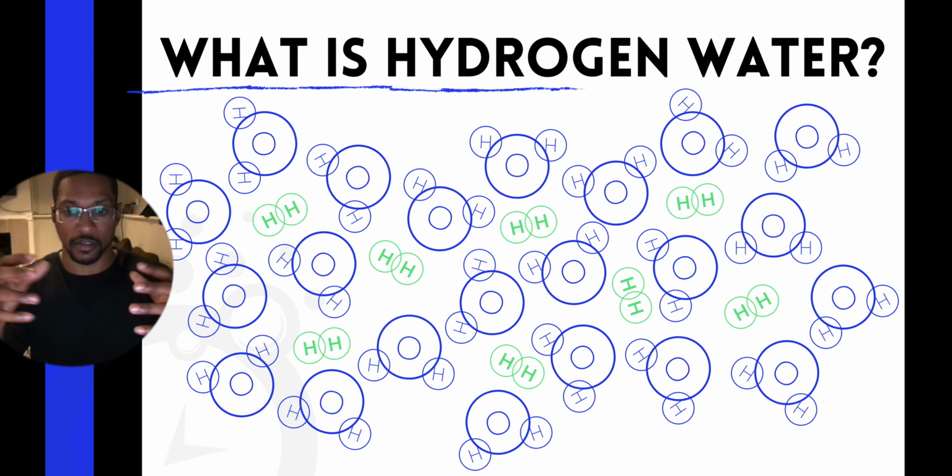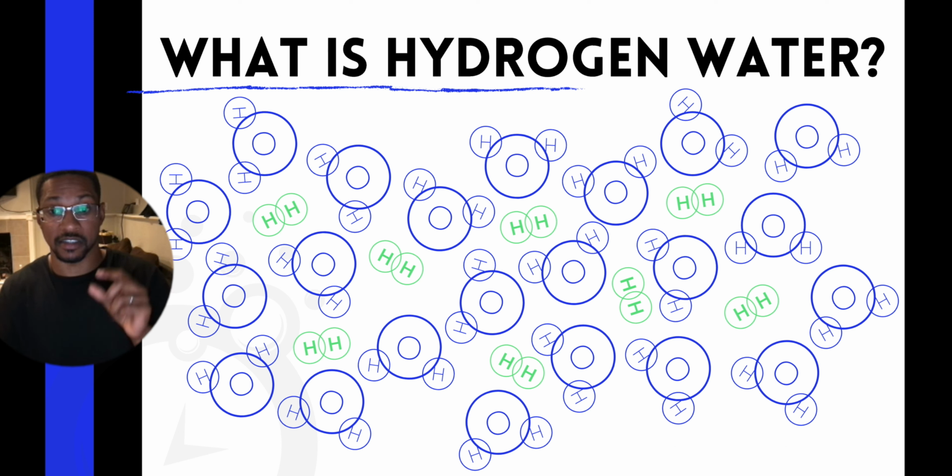They're not forming some special water molecule or anything like that. It's simply H2O and hydrogen gas, and you can see hydrogen gas is dissolved between the cavities of the water molecules. That's how hydrogen water would look on a microscopic scale. So you can see it's nothing really crazy going on.